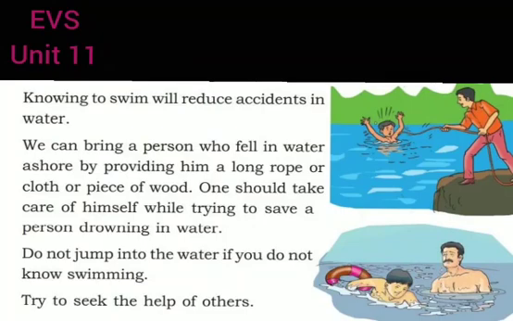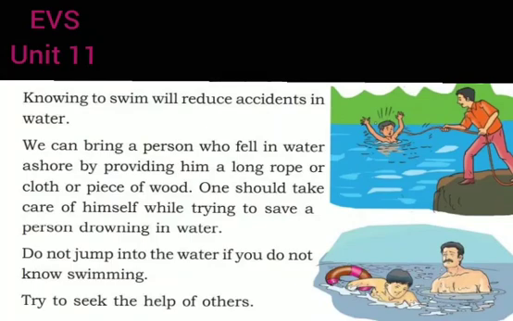Now, next one is drowning. It is very important, children, that the person who is going to help the other person who is drowning must know how to swim. Then only he can help that drowning person. So what first aid do we have to give when we see a person drowning?